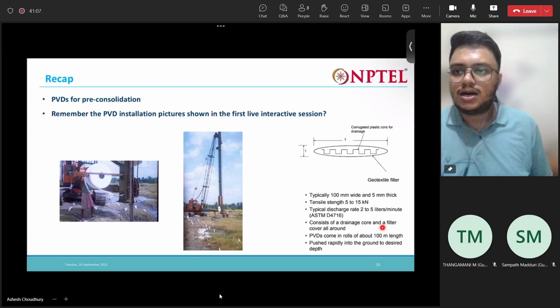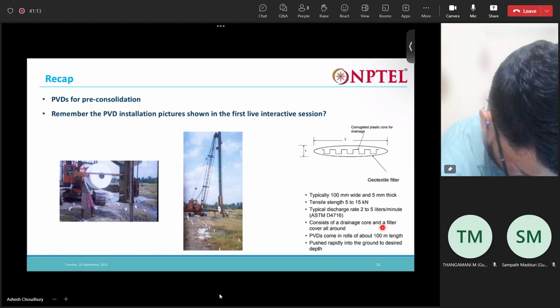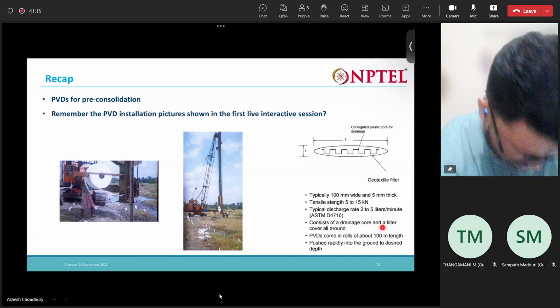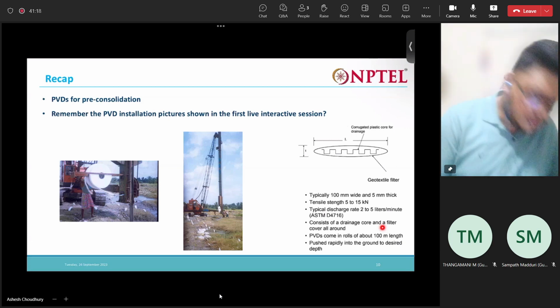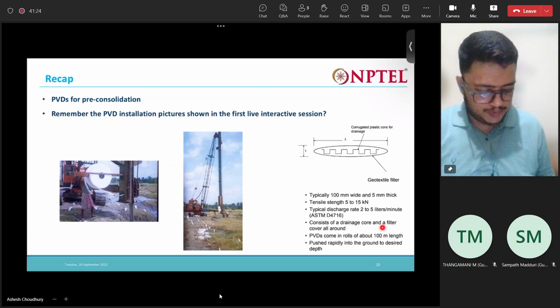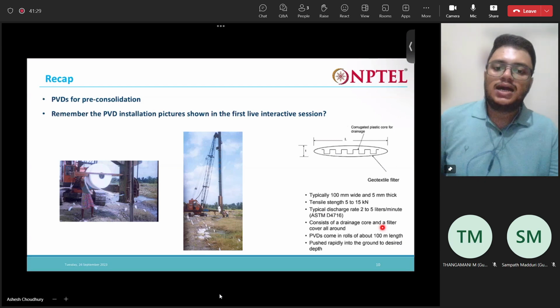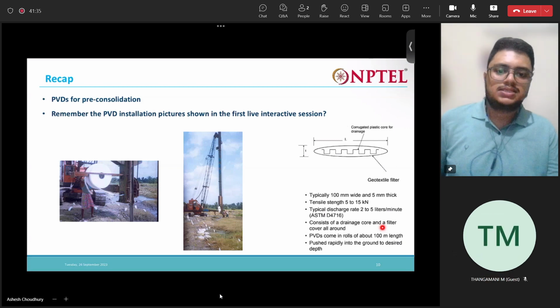Now let us come to PVDs. PVDs are prefabricated vertical drains. PVDs are just the more advanced version of sand drains.